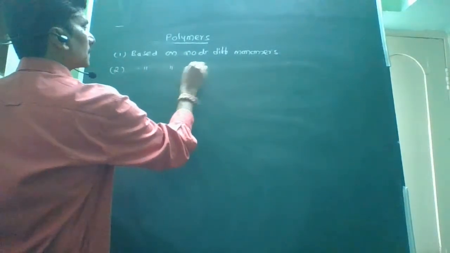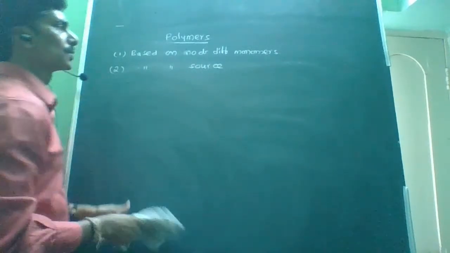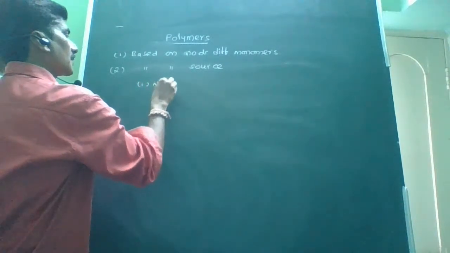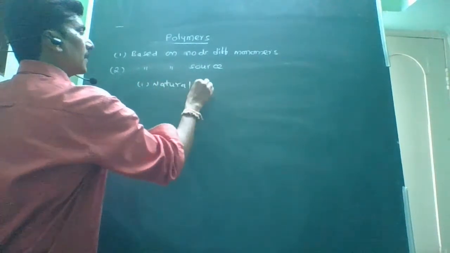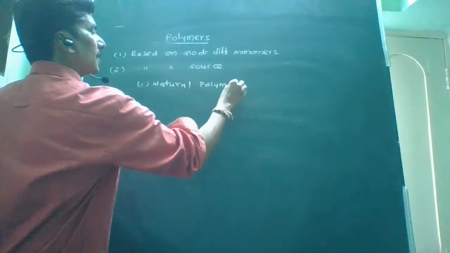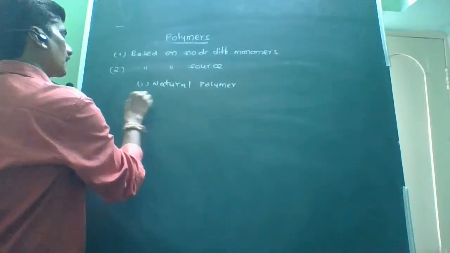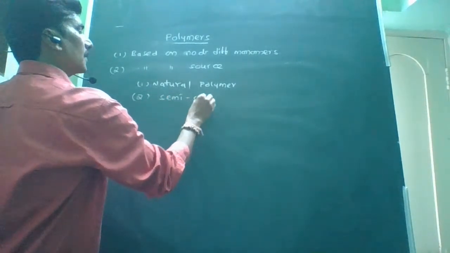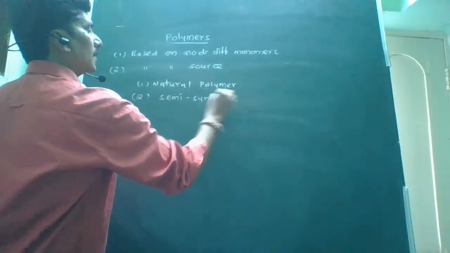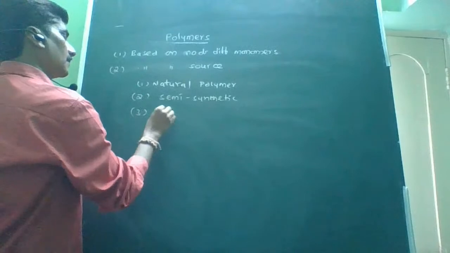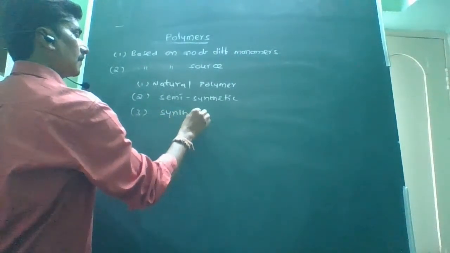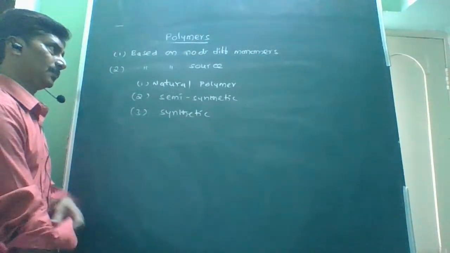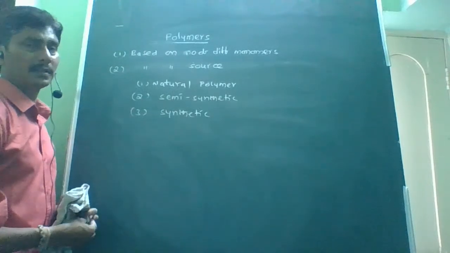Based on source. One is natural polymer, semi-synthetic, and third one is the synthetic. Natural, semi-synthetic, and synthetic.